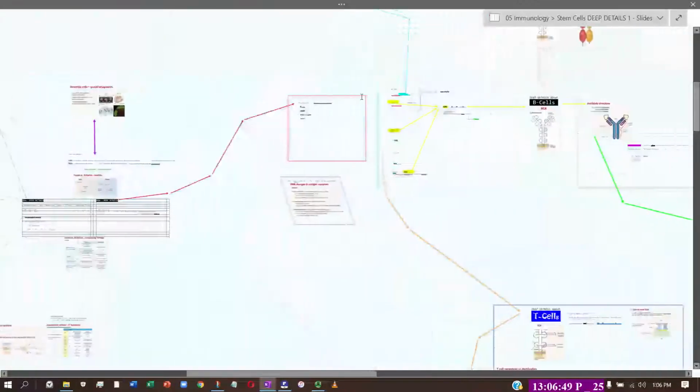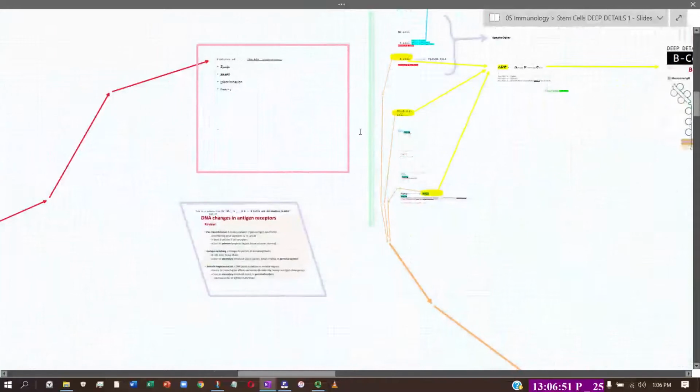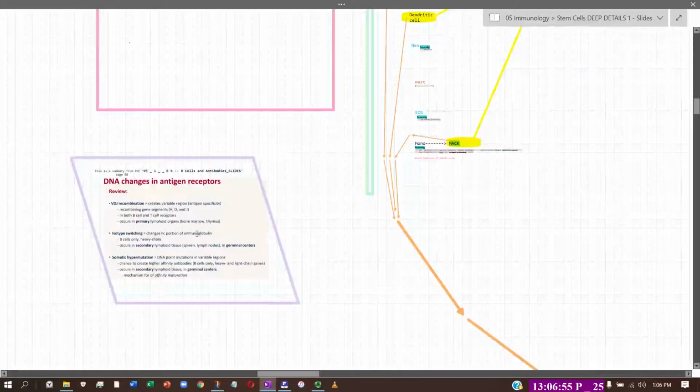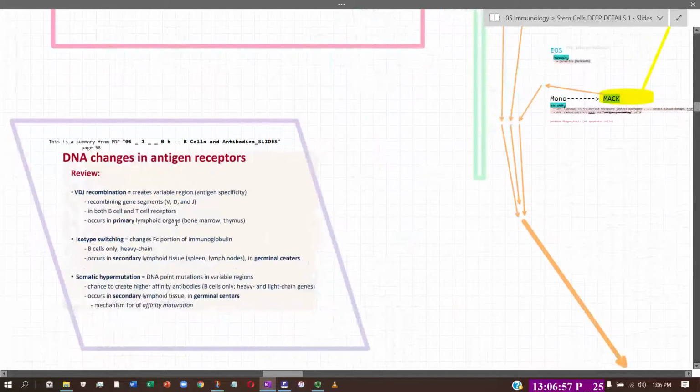Anyway, for now, let's focus on this list right here. So let's focus actually on some of the smaller notes. So this is a summary from the second PDF from page 58.